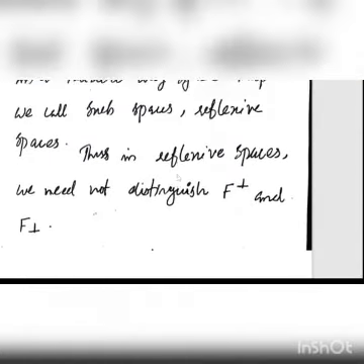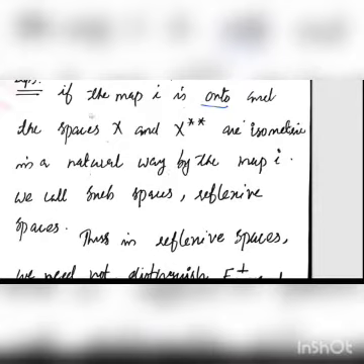So next is that definition. If the map I is onto and the spaces x and x double star are isometric in a natural way by the map I, we call such spaces reflexive spaces.